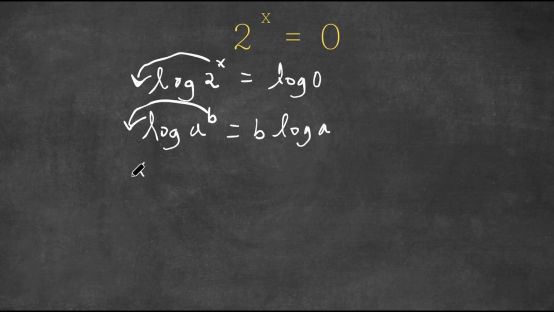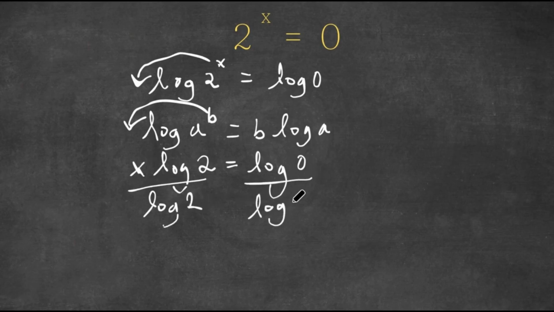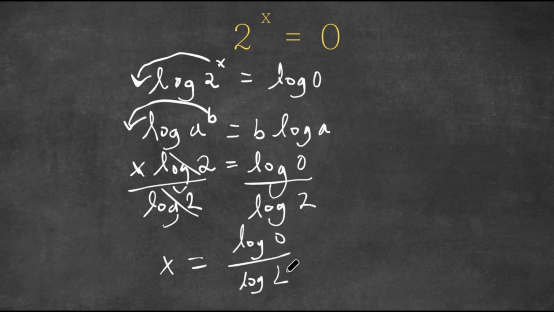So now I would have x times log 2 is equal to log 0. Now we want to isolate x, obviously, so I'm going to divide both sides by log 2. Then these two cancel out, and I would have x is equal to log 0 over log 2.